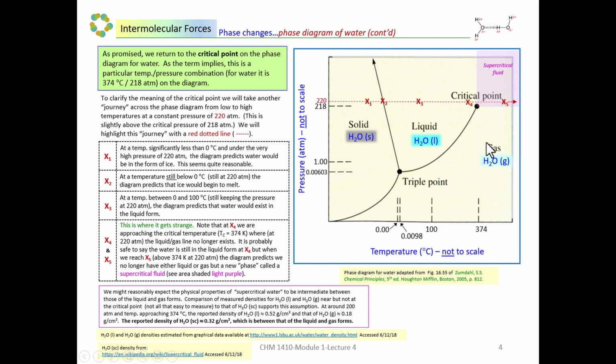We still have a fluid, but it doesn't seem to be a liquid or a gas. So it might not be unreasonable to assume that some of the properties of this water in the supercritical state would be intermediate between that of liquid and gas.